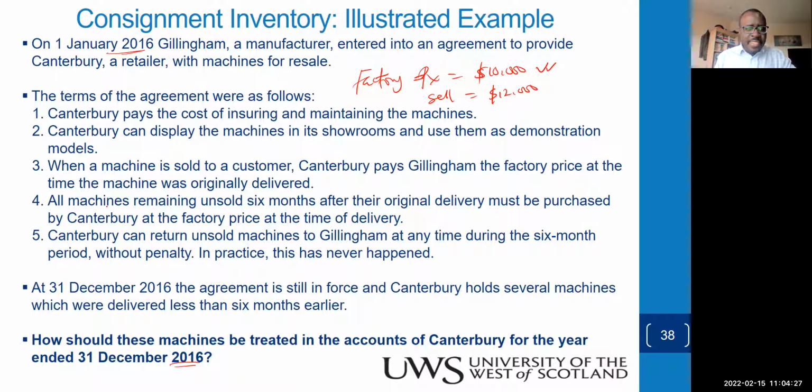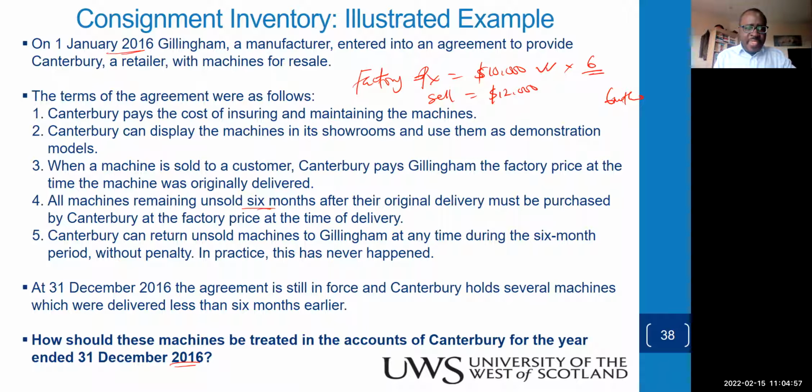Yes, all the machines remaining unsold 6 months later, after the original delivery, must be repurchased by Canterbury at the factory price at the date of delivery. So if there are excess, at the end of the day, there are 6 machines which I have not sold after 6 months, then we are being told that I'll have to buy it at the factory price. I'll buy it as the customer who has taken this delivery of the assets.